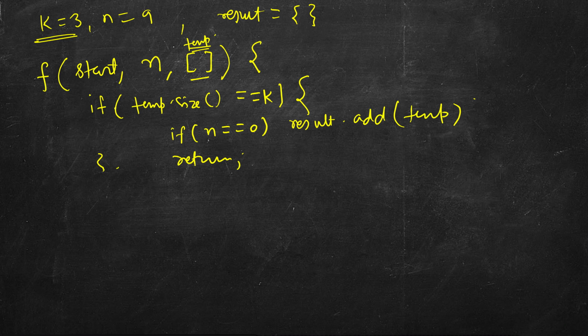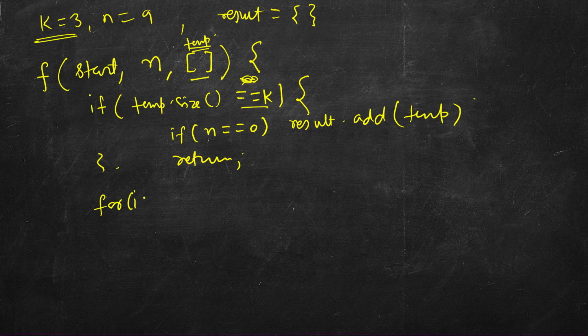What else? If this is not the case, that is temp.size is not equal to k, its size can never be greater than k, since we are starting from 0, and as soon as it reaches k, it will enter this loop and it will return. So it cannot be more than k. You can also add greater than or equal to k, but this is not required in fact.